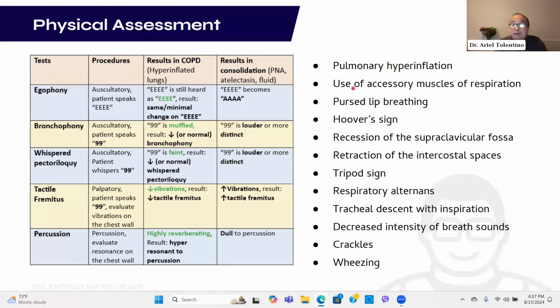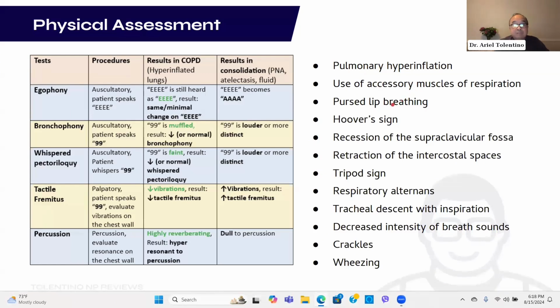Now, you will be able to see significant use of your accessory muscles of respiration. And that would be your trapezius, your scalenus, your sternocleidomastoid, intercostal muscles. And we have a film clip that will show you the mechanisms of respiration to show you how these muscles move, and also clips of actual patient scenarios where you would see the accessory muscles of respiration being used.